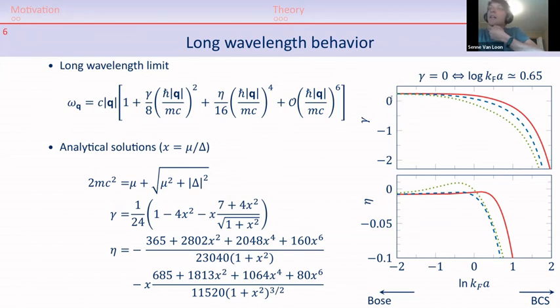And you see that this gamma changes sign at some point. So in the Bose regime, it's positive, which means that the dispersion would be supersonic or convex, while in the BCS regime, gamma becomes negative and you get a subsonic dispersion.